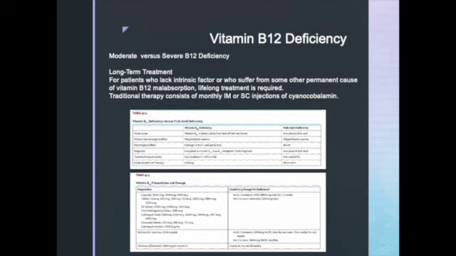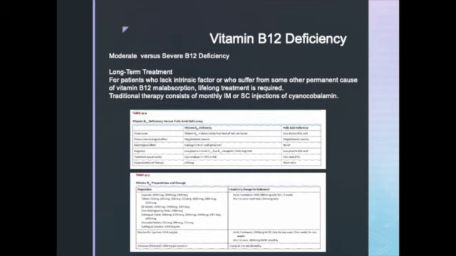And actually, even if you are unable to absorb B12, which is a primary reason of having B12 deficiency, that lack of intrinsic factor that's needed, remembering that that's secreted by the parietal cells in our stomach, we are still able to get some passive absorption of vitamin B12 through passive diffusion. And so you don't need intrinsic factor for that. But it's a very small percent, only about 1%.